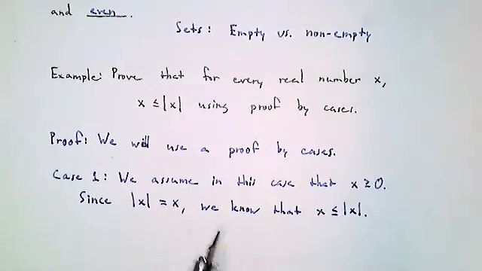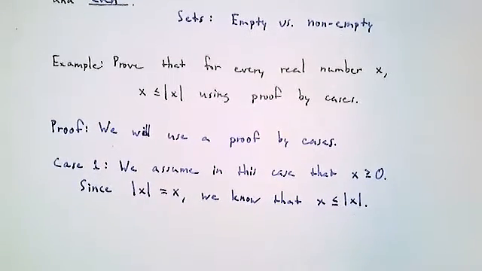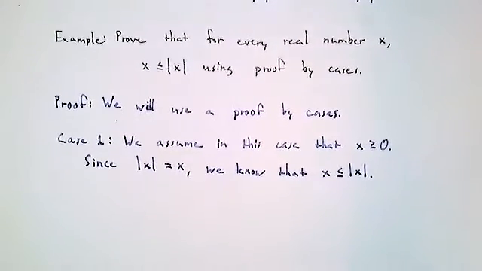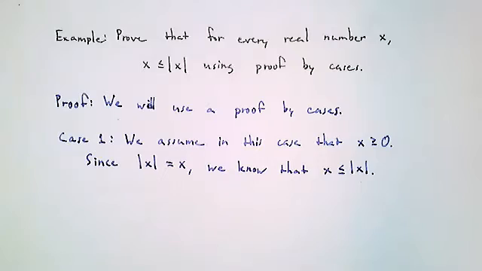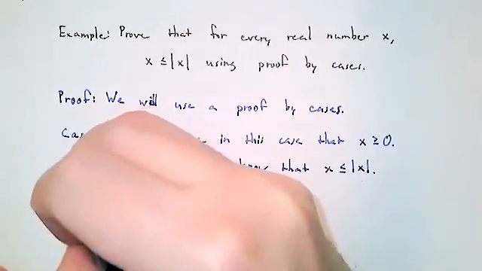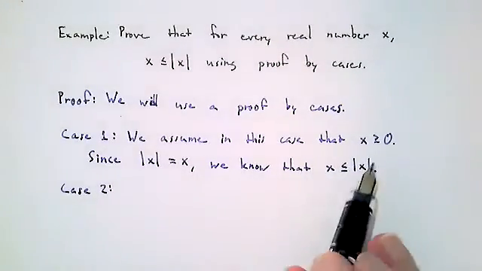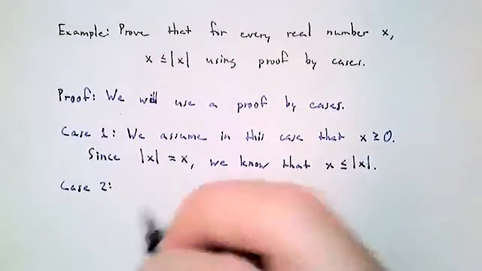Okay, so there wasn't really much to do here. Just writing down what was obvious, more or less. We do have to do slightly more work in case 2. So now we're going to assume that x is less than 0.